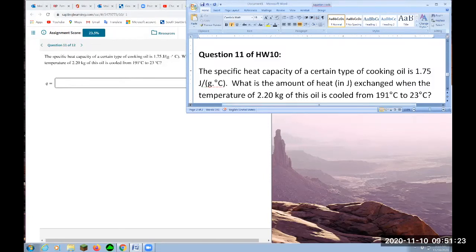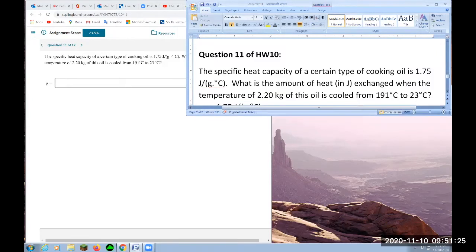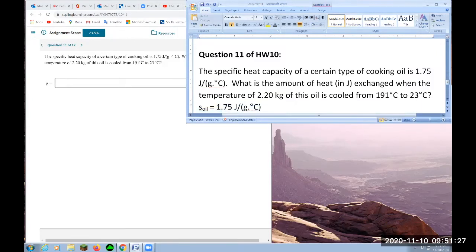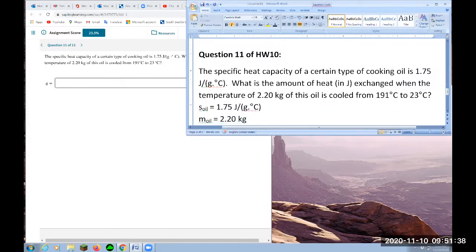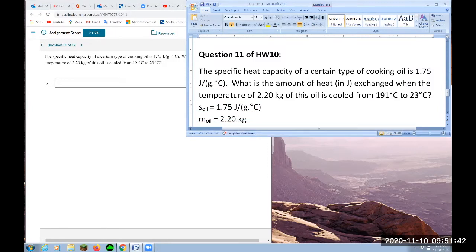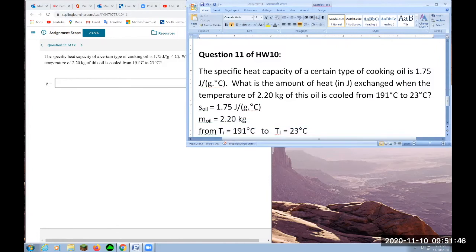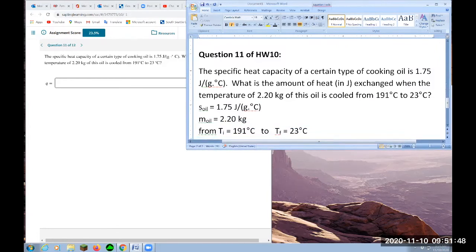So what do we have? We have the specific heat capacity of the oil, 1.75 joules per gram and per degree Celsius. We have a mass of 2.20 kilograms of oil. We know that it's cooled from 191 degrees to 23, so that's Ti and Tf.